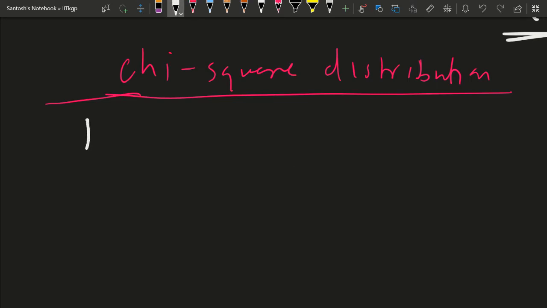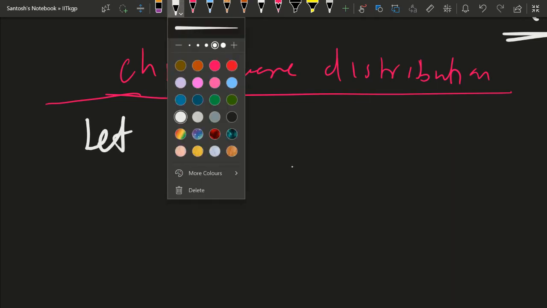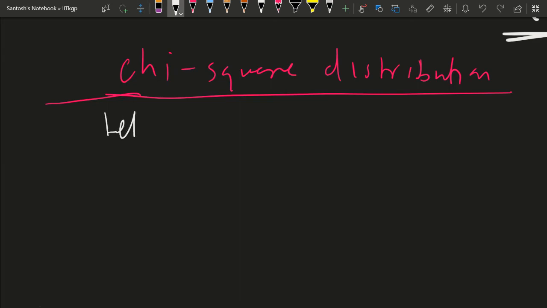So how to define? You know random variables are mainly of two types, discrete and continuous.